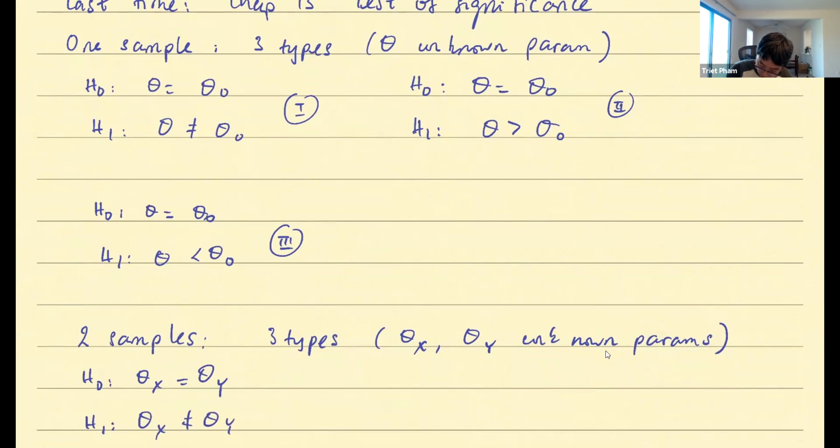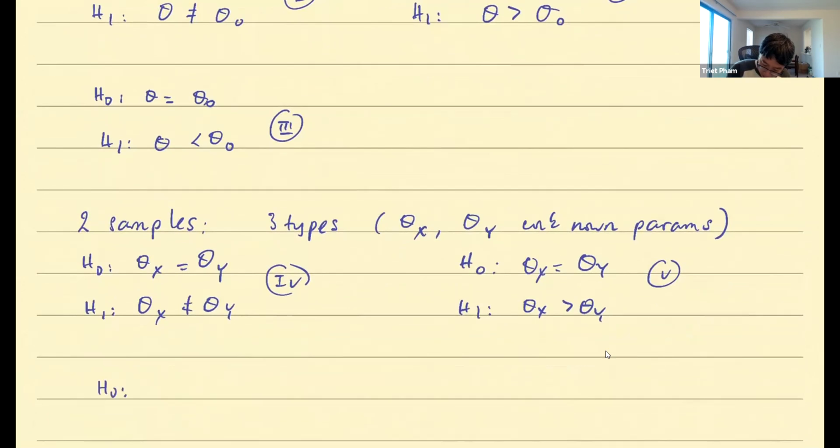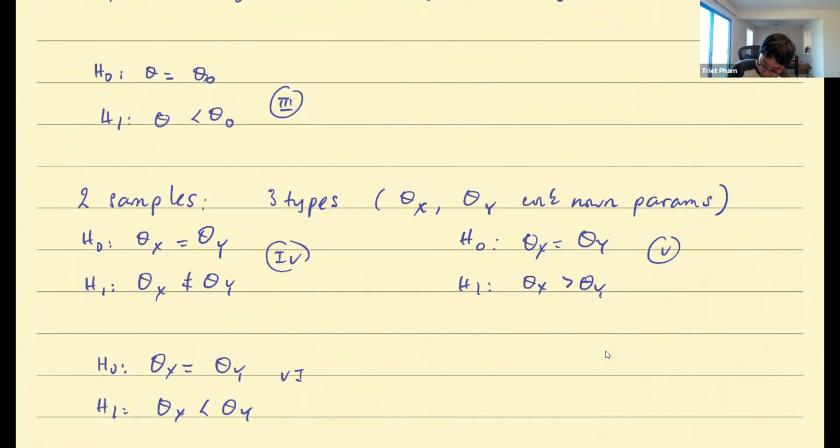Let's call this 4. Equal, I guess one bigger, let's call this 5. And then the last one, let's call this 6.